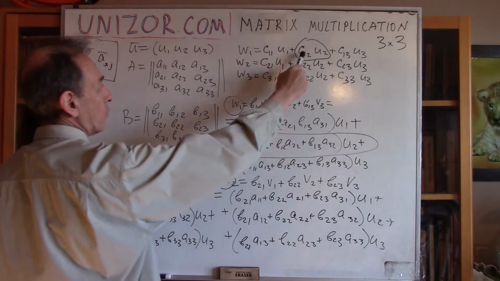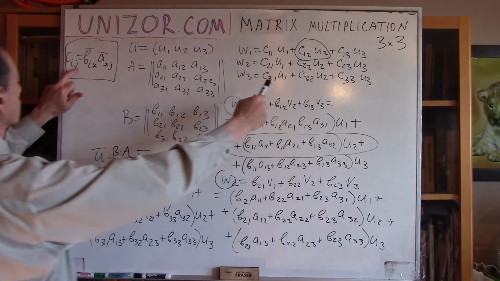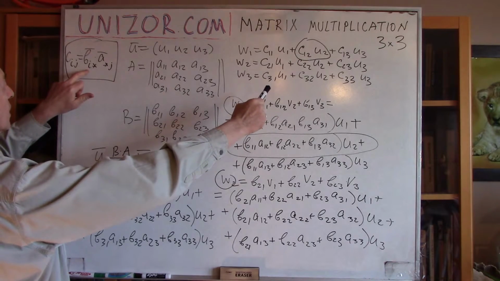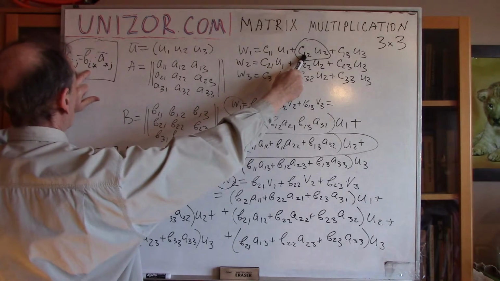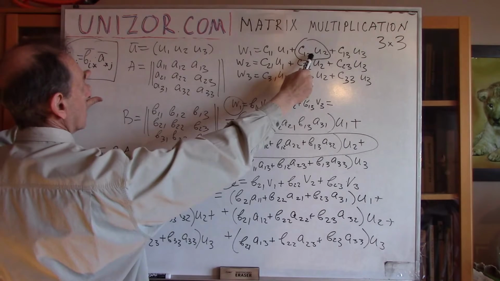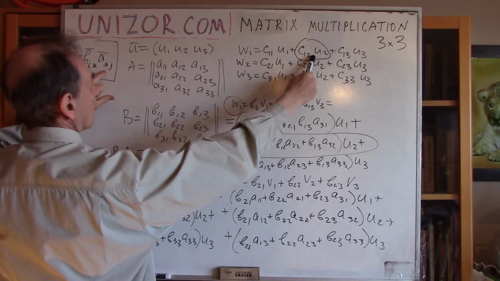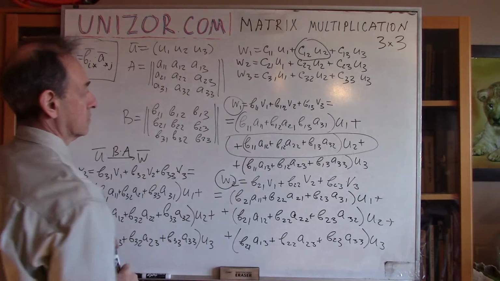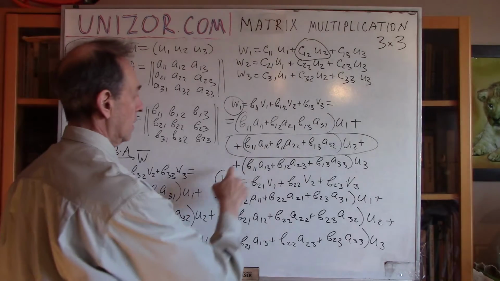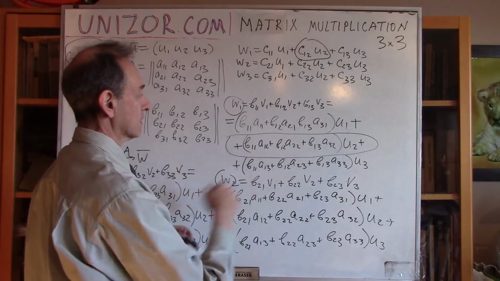Now, C12, according to this rule, should be, this is 1, so it's first row times second column. Let's try and see. Is this a first row times second column?